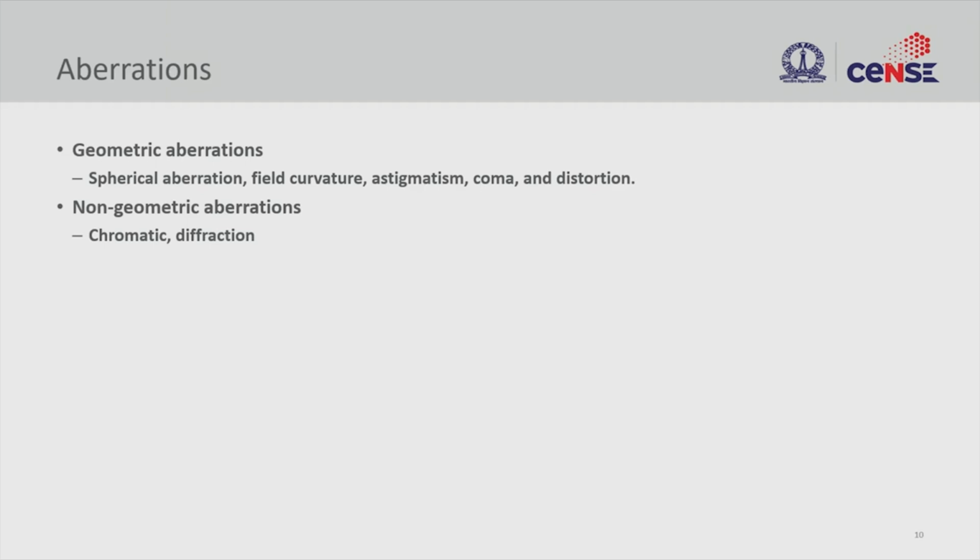So let's look at the aberrations, the different types of aberration. There is geometric aberration and there is non-geometric aberration. Geometric aberrations include spherical aberration, where the beam is getting distorted.